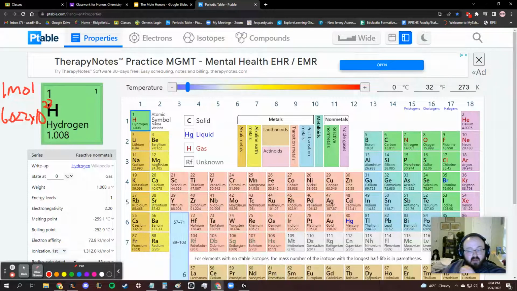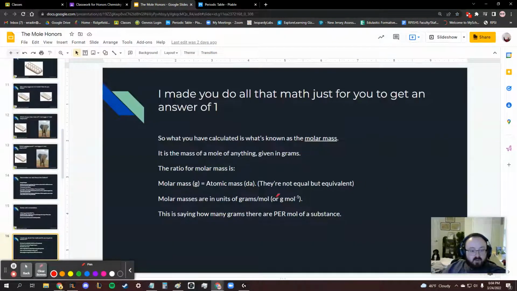If we had this amount of hydrogen atoms, their mass would be 1.008 grams. That's what molar mass means. So our units for this molar mass is going to be in grams per mole.